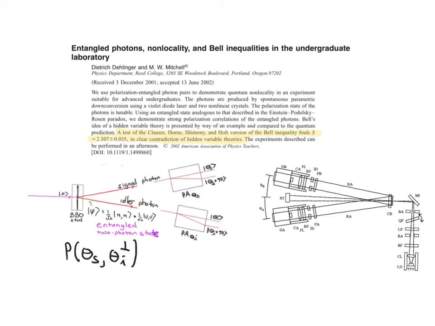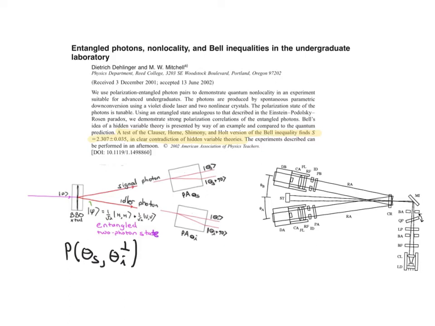And what Beck means by that is it's a joint probability that, if the polarization analyzer on the signal channel is at angle θ_s, and the polarization analyzer on the idler channel is at angular position θ_i, the signal photon will come out the top port and the idler photon will come out the bottom port, the θ_i plus 90 port, or θ_i perp.